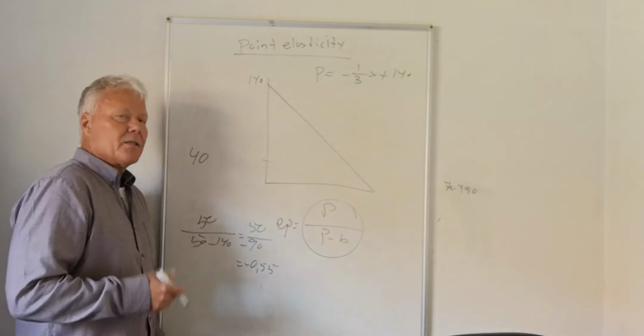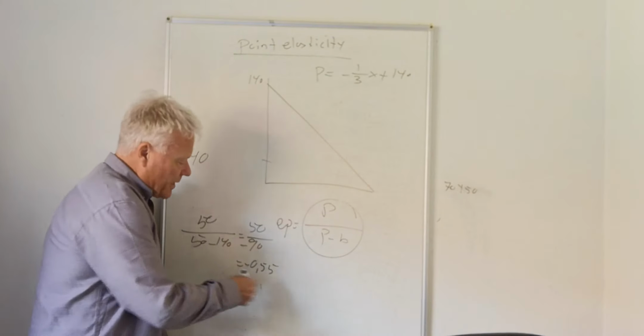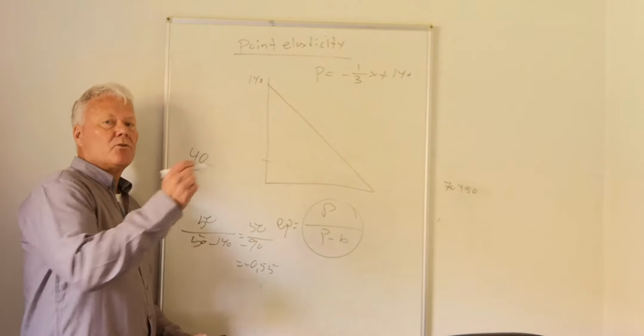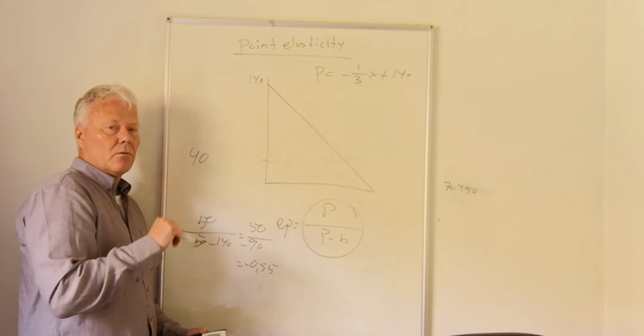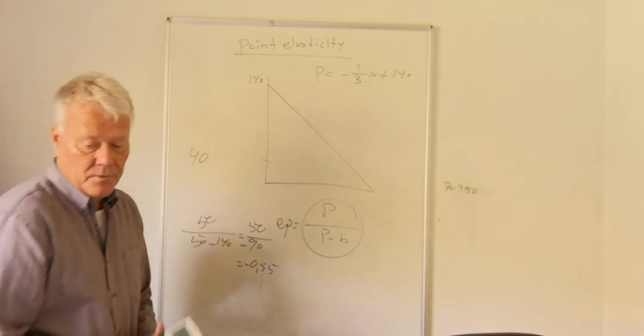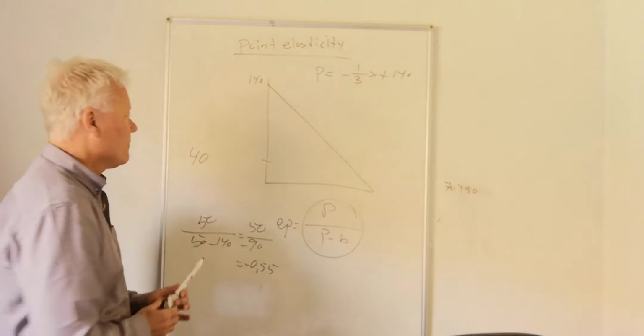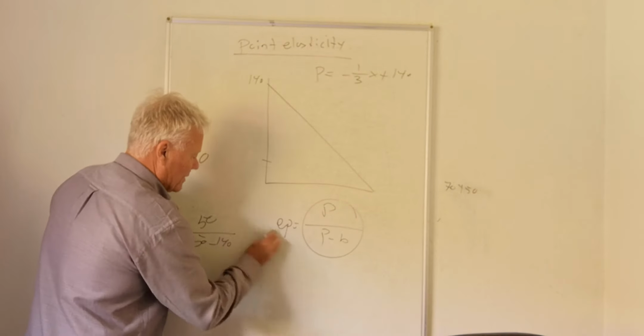So if you raise the price in this area, the effect on the number of units of cigarettes sold is not decreasing that much. You need to get higher for it to have an effect.